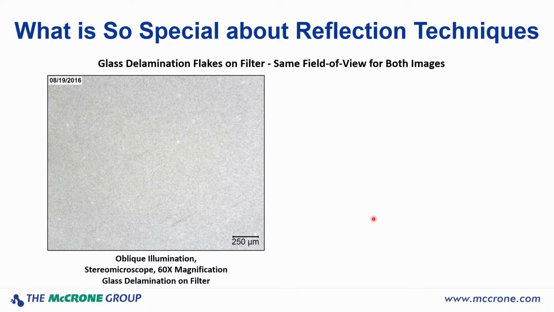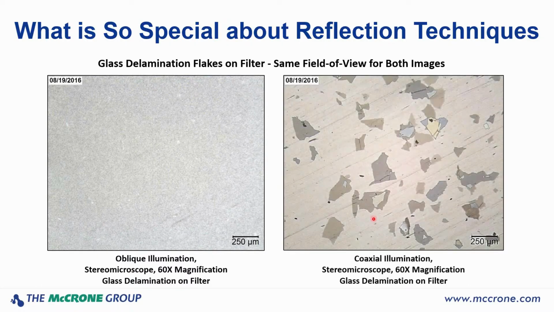Now, let's talk about the power of coaxial illumination. What you're looking at here is a field of view on a polycarbonate filter. I will tell you that there are tons and tons of glass delamination flakes on that filter. You can't see them. However, if we change over and use coaxial illumination, that's what shows up.